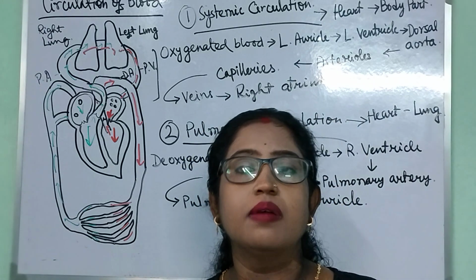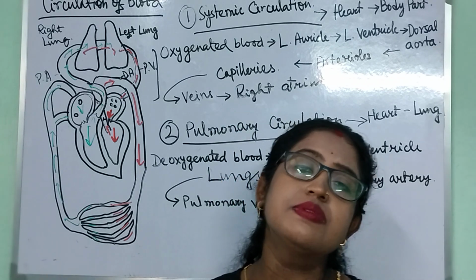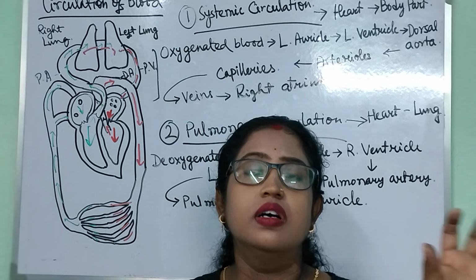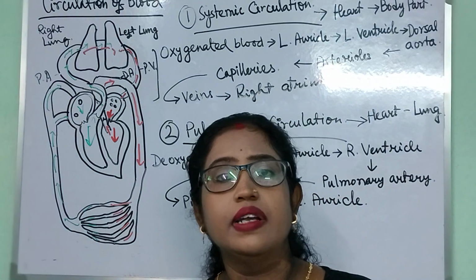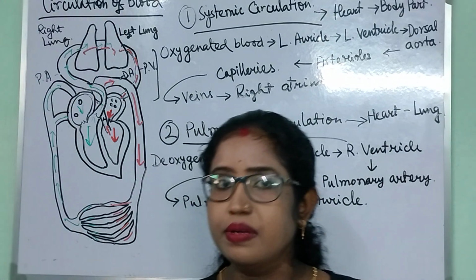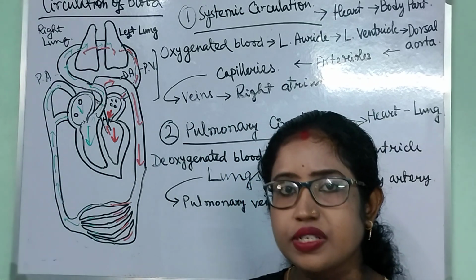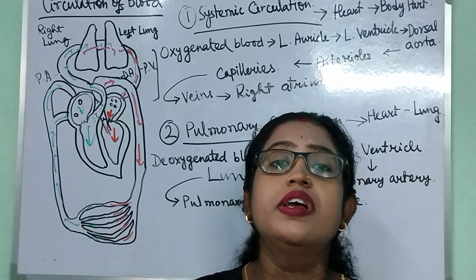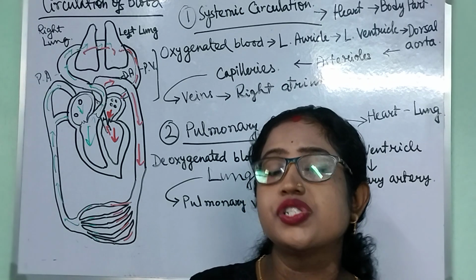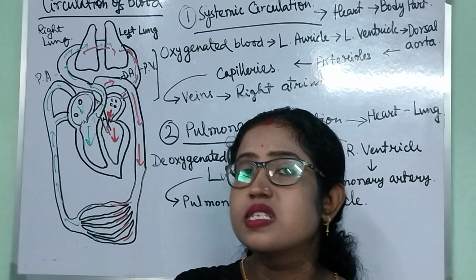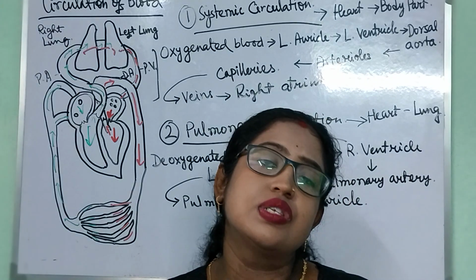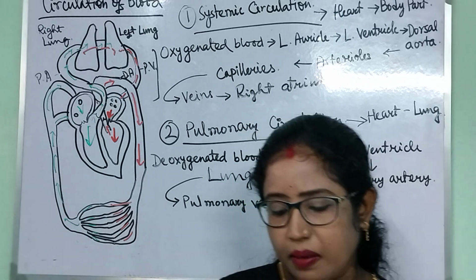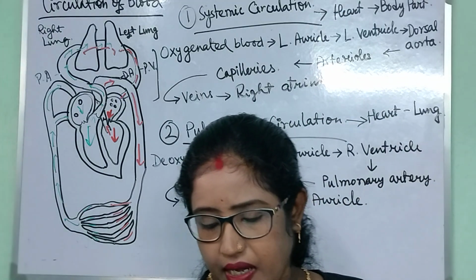The left atrium receives the oxygenated blood and the right atrium receives the deoxygenated blood. But when they pour their content into the ventricle, due to the absence of any division in the ventricle, the blood mixes up and the mixed blood flows into their body. So they exert an incomplete double circulation process.